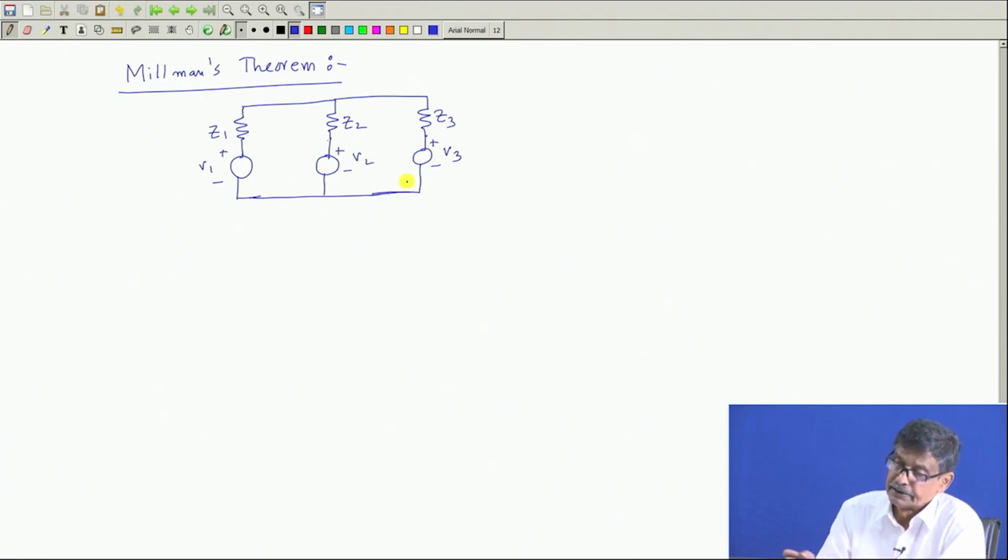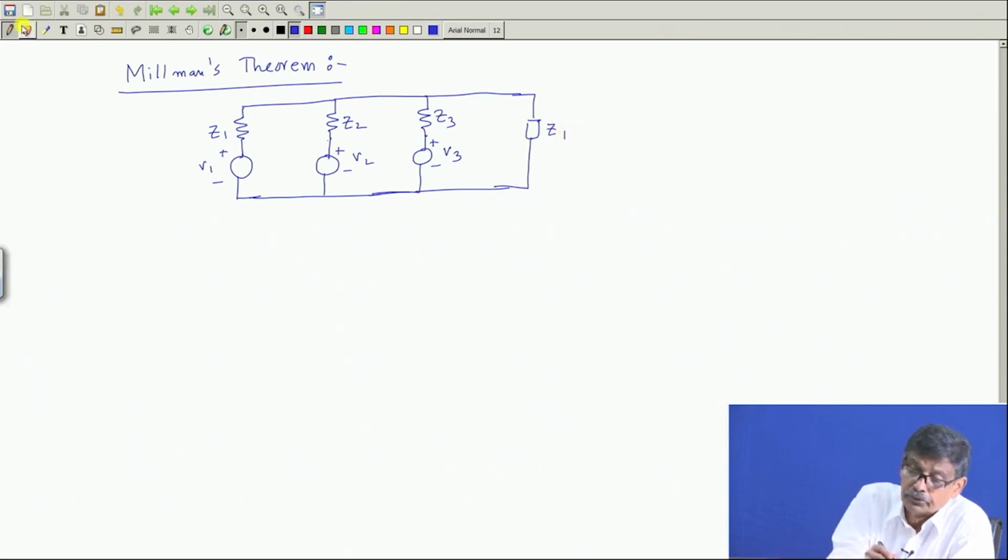There are several voltage sources with impedances, and here you may have connected a load impedance Z. Then how do we find the currents flowing through all the branches as well as this impedance in the output circuit? So this current may be I1, and this is the current I.